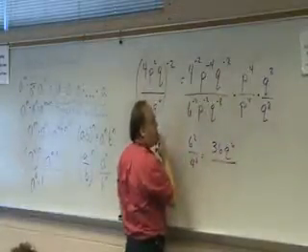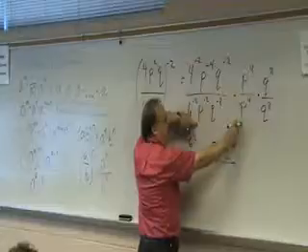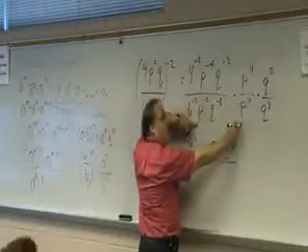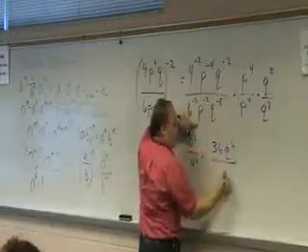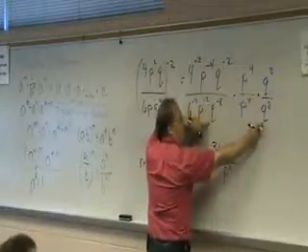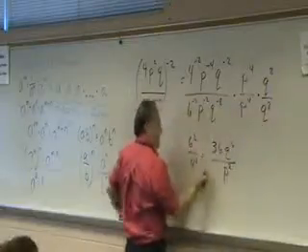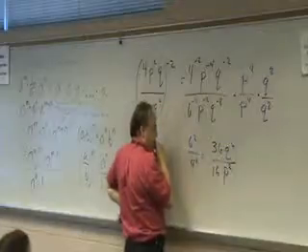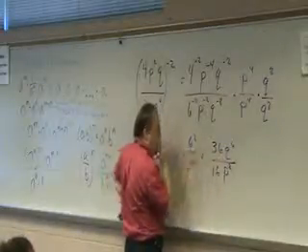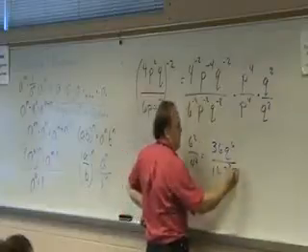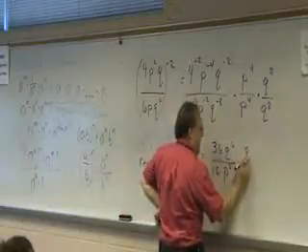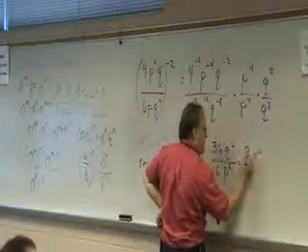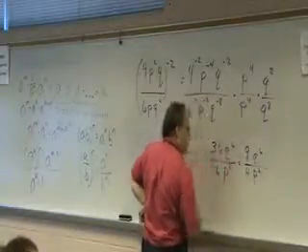And this is going to give me 2 p's, no q's, and 4 squared is 16. Okay, and I can divide each of those by 4, so that would give me 9 fourths q to the 6th over p to the 2nd.